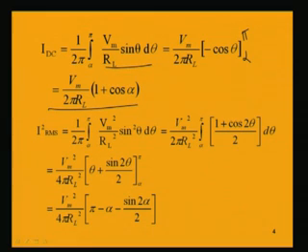In this integration, we replace sin square theta in terms of cos twice theta. So, we finally get the value of IRMS square equal to Vm square by 4 pi RL square. Putting the limit, we get pi minus alpha plus sin twice alpha by 2.